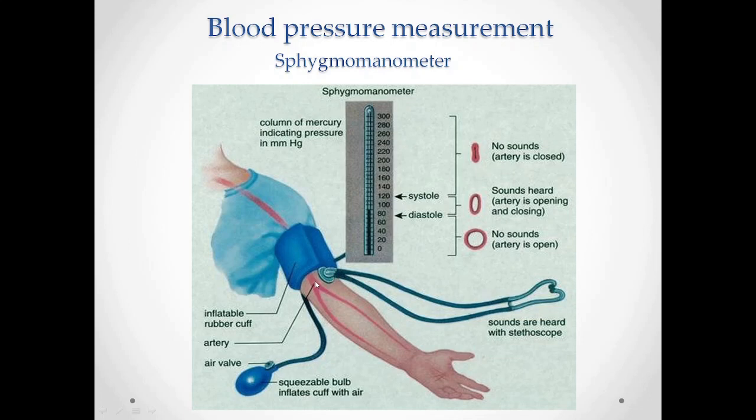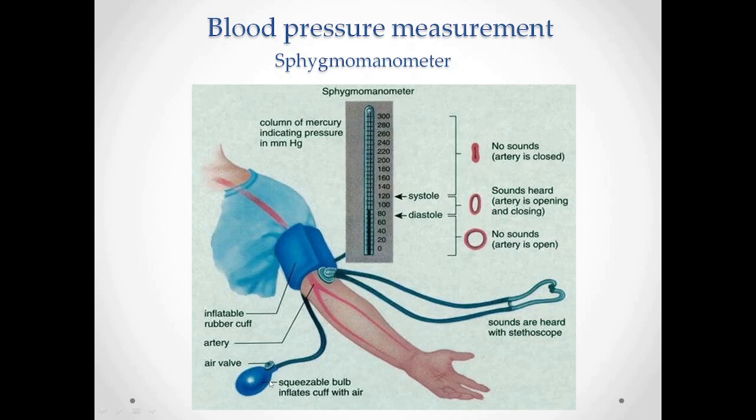The artery is given in the diagram below. There is a mercury column which shows the BP levels in terms of levels of mercury. Systole is the first pressure which will be recorded, and diastole is the second pressure which is recorded.